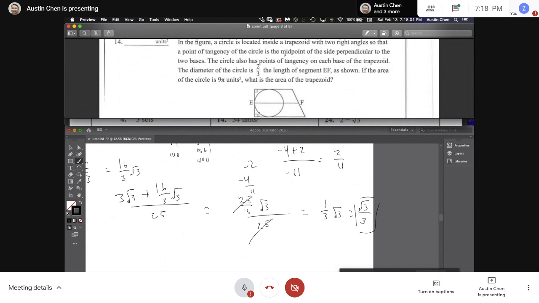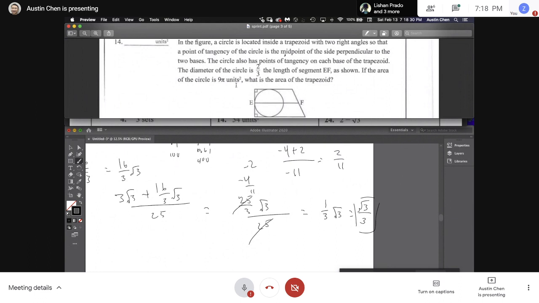So for this, we can just find the length of EF and find the length of this height. The area of a trapezoid is the average length of the bases, which is EF, times the height between the bases. We can just find those two lengths, and that should be pretty easy, right?